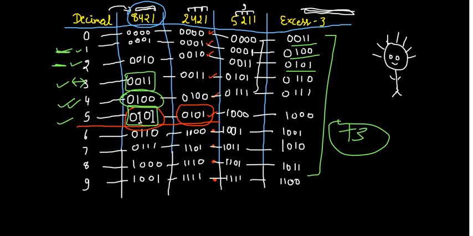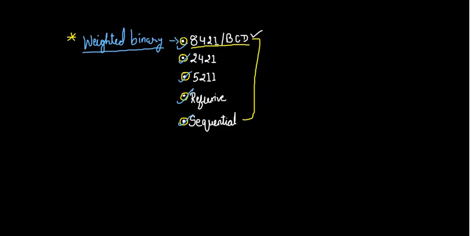So this is how the entire system of weighted binary numbers is actually working. We have studied all these systems. The first system, 8421, is known as sequential code. 2421 and 5211 combined are called reflexive coding.